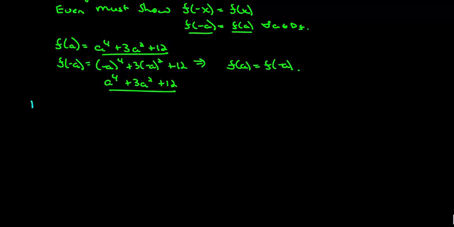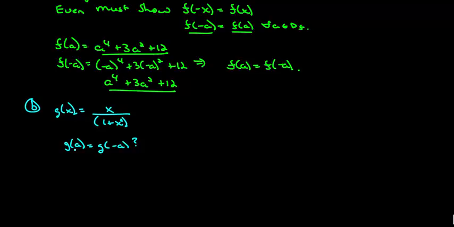Okay, so let's look at B. g of x is equal to x over 1 plus x squared. We might say, well, we think it might be even. So let's see if g of a is equal to g of negative a.